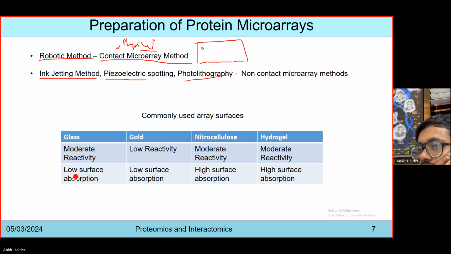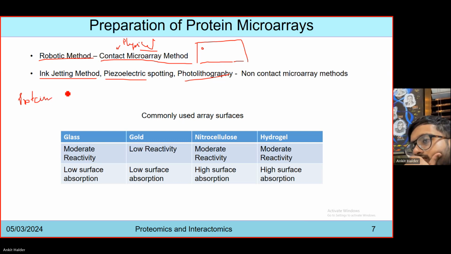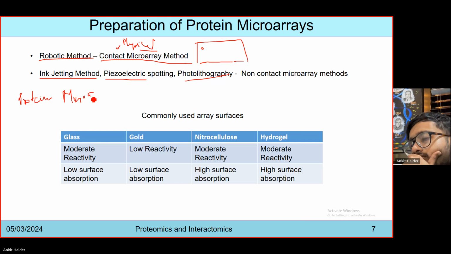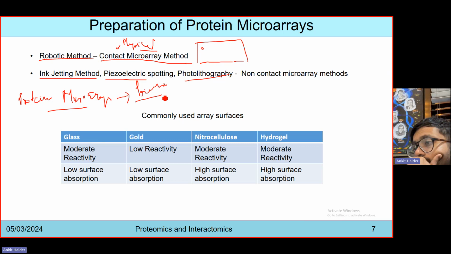So if we say protein microarrays, one can be printing, which can be contact, very popular, and then non-contact, which is emerging.